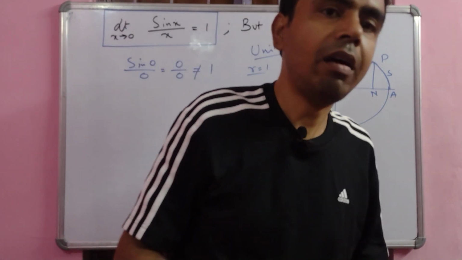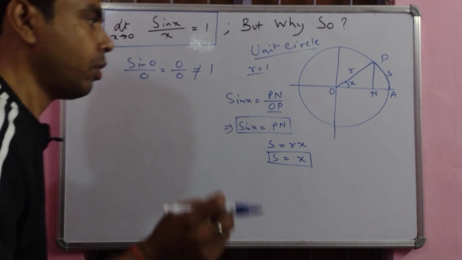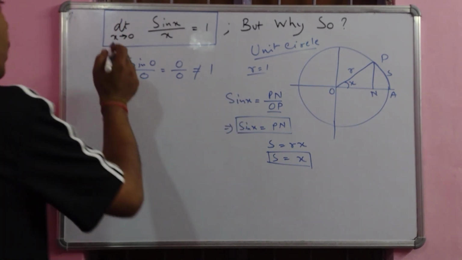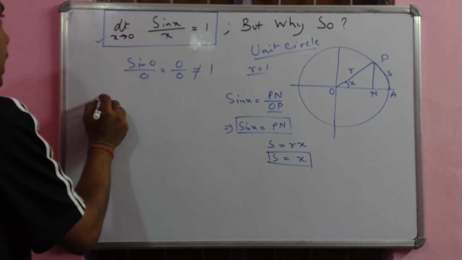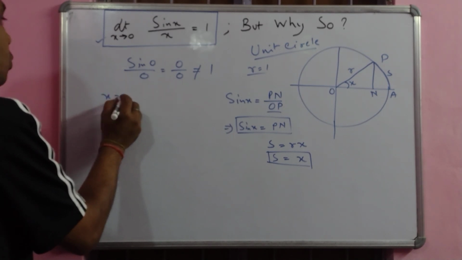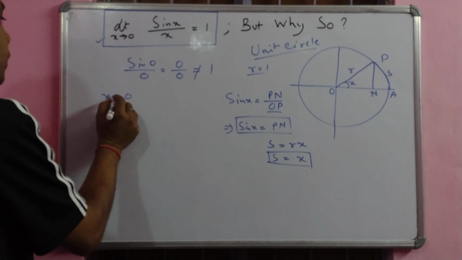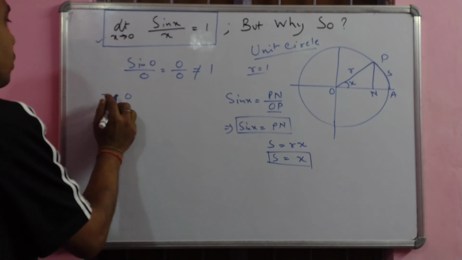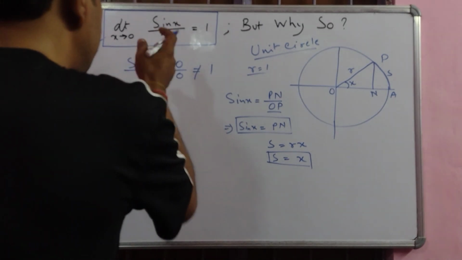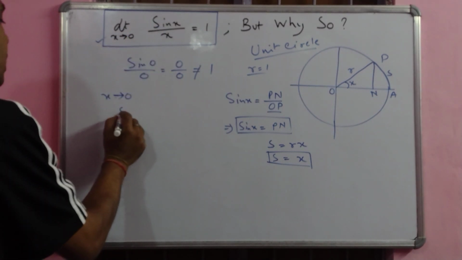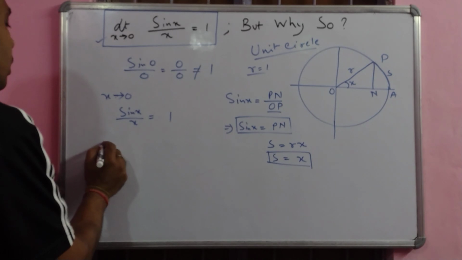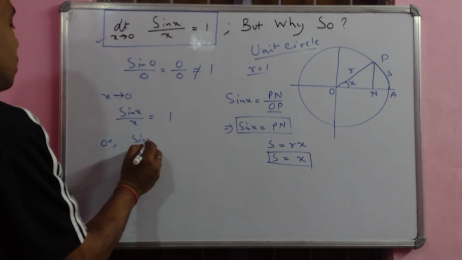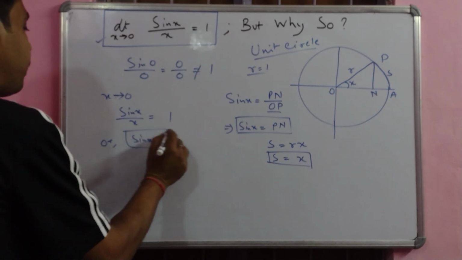Now the fundamental concept. What is the concept here? From here we get, if x tends to 0, we get sin x by x, which is 1, or sin x is equal to x.